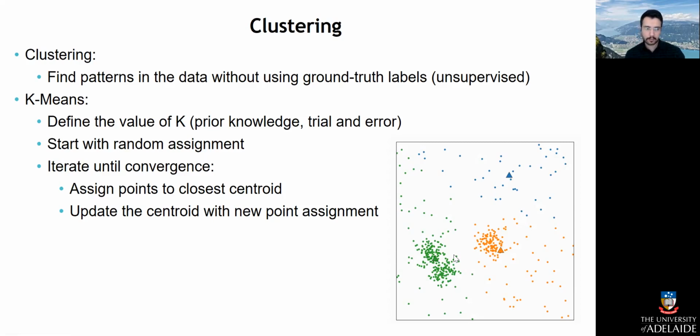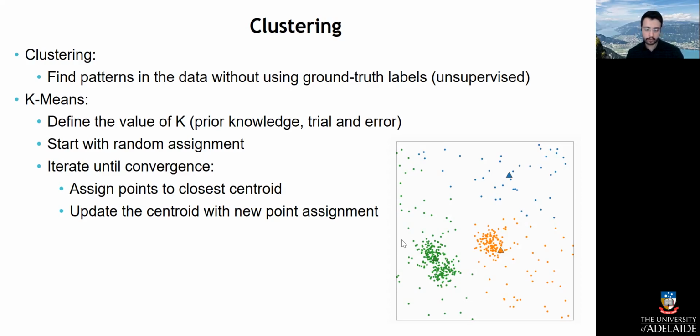The idea in k-means is that before assigning any labels, let's imagine all these points are the same color, gray. They don't have any labels. First you need to define, or speculate, the number of clusters that you think exist in the data set. That's normally done through prior knowledge.